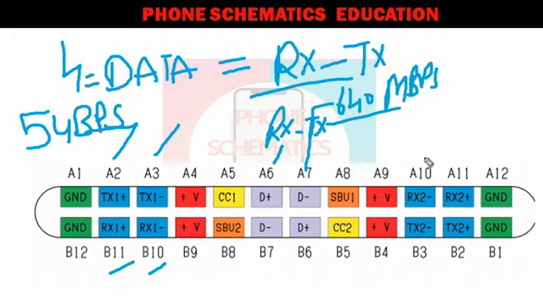Now you will see here also A10, A11, B3, B2: RX2 minus, RX2 plus, TX2 minus, TX2 plus. These pins were introduced later on. These pins also work in pairs, right?